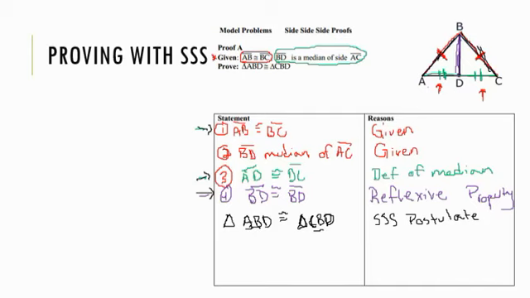Notice how BD and BD are in the same place. BD is congruent to itself. And then also AD and CD. Just another thing to keep in mind, that the way you label your triangles is important when you're calling them congruent.